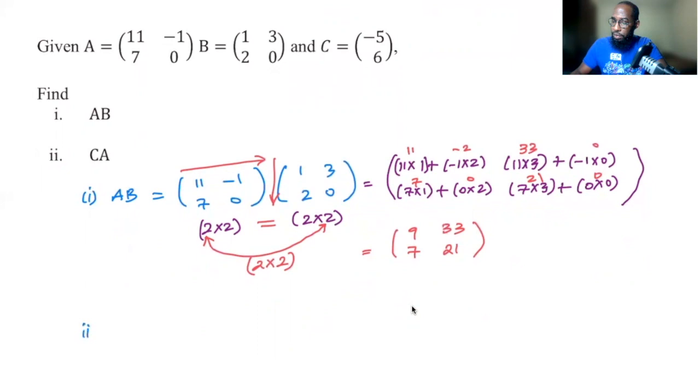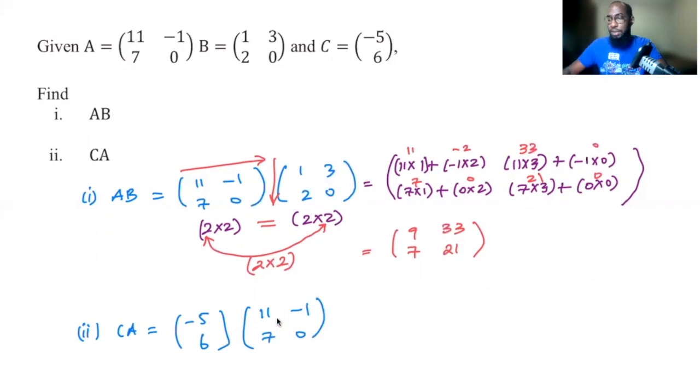So we have to find out, what is CA? So we write down C first. C is -5, 6. And A is 11, -1, 7, 0. All right. Remember, you write down what C is, write down what A is, and then you check to see what was the size of the matrix, right?